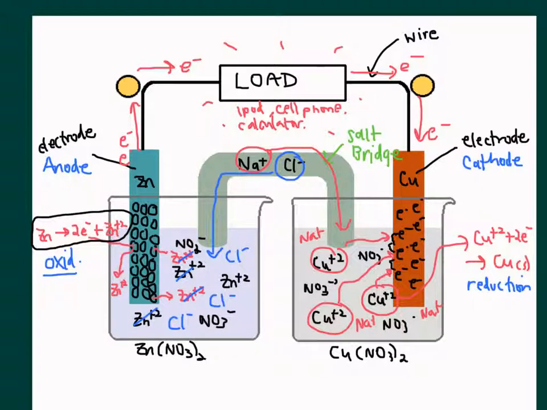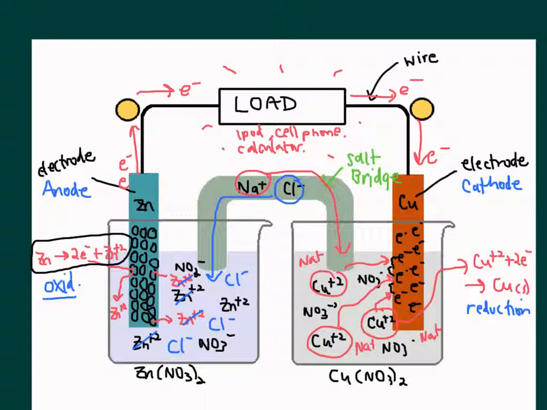All right, so just really quickly, a really good way to remember the difference between your electrodes. So you've got anode is where oxidation takes place, and cathode is where reduction takes place. There's a fun little mnemonic that you can use to remember this, and it is an ox and red cat.